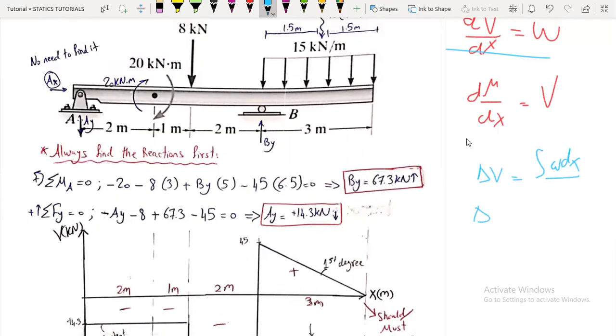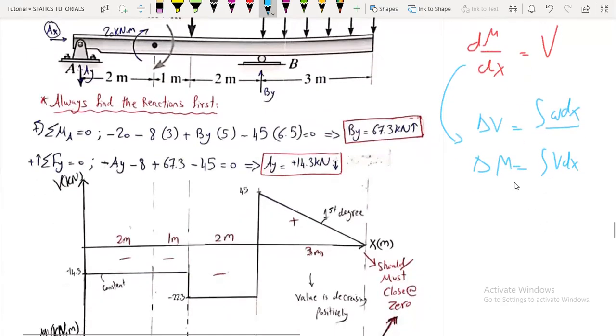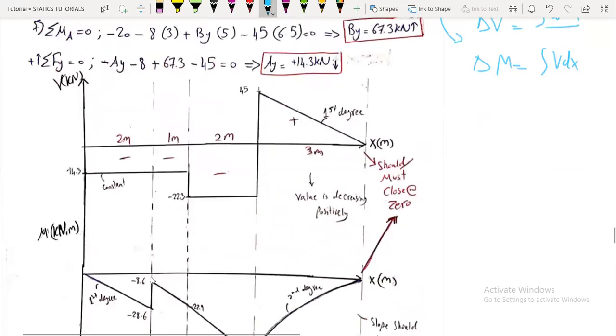Also, integrating the second equation, we get delta M equals the integral of shear dx. So if we need to know the change in the moment, we need to find the area under the shear diagram between these two points.